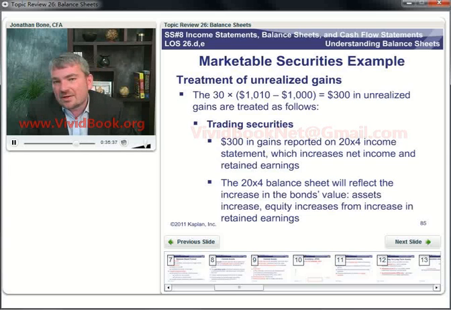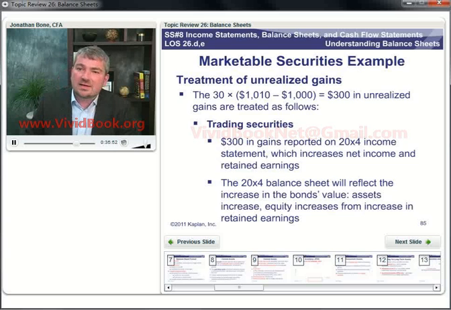So in the balance sheet, we've got the fair value of the bond. The change in fair value over the period is taken directly into the income statement. It increases net income, and therefore it increases stockholders' equity via retained earnings.